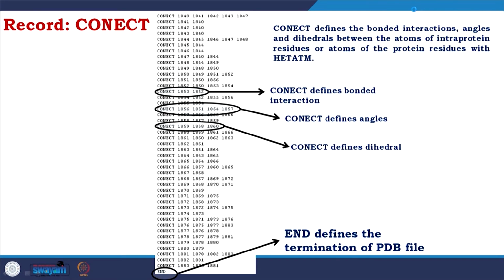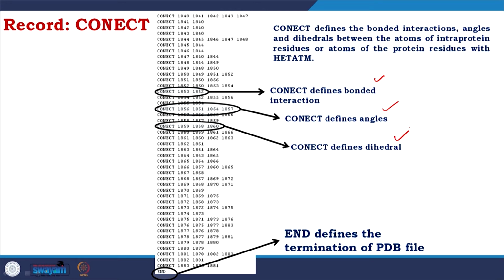Then comes the record called CONECT. CONECT defines the bonded interaction, angles and dihedrals between the atoms of intra-protein residues or atoms of the protein residues with heteroatom. So, if you see, CONECT defines bonded interaction here, angles here, dihedrals here, but I am showing you this so it is good for you to learn, you do not have to memorize them.